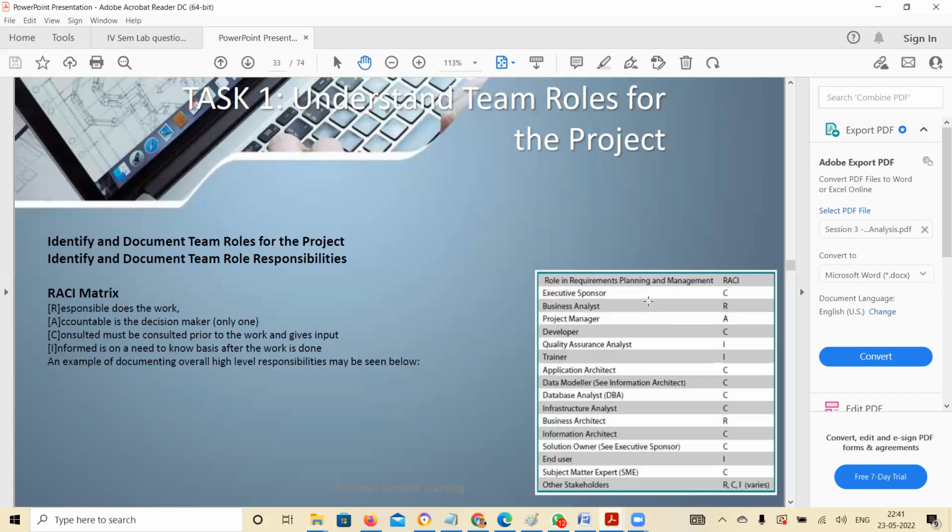Quality assurance analysts and trainers need to be informed. Can you guess why they need to be informed? About the work, about what is happening in the illustration? See, trainers are responsible for training the team, right?